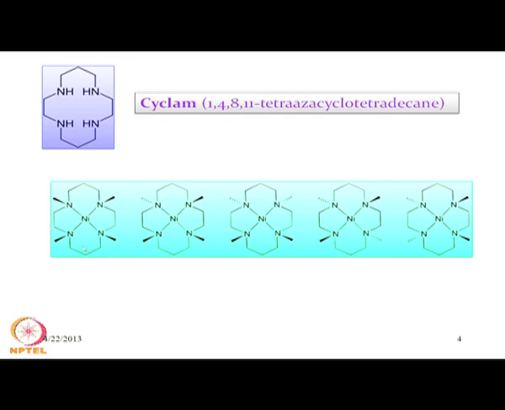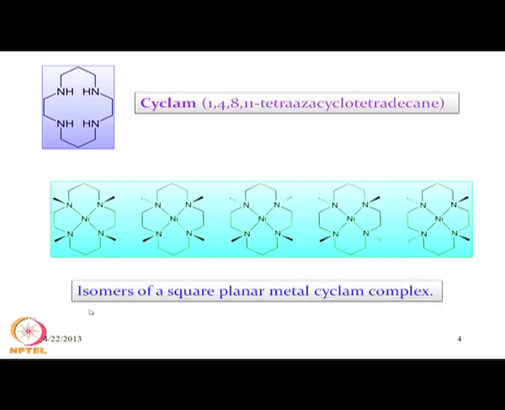So, when 4 of them are up, we have this geometry, when 3 of them are up this. So, in this sequence we can have all these possible isomeric forms when simply the nickel is bound to cyclen. So, we have the corresponding square planar complex, and metal cyclen complexes are all isomeric in nature, depending upon the corresponding orientation of the N-methyl or N-ethyl groups.